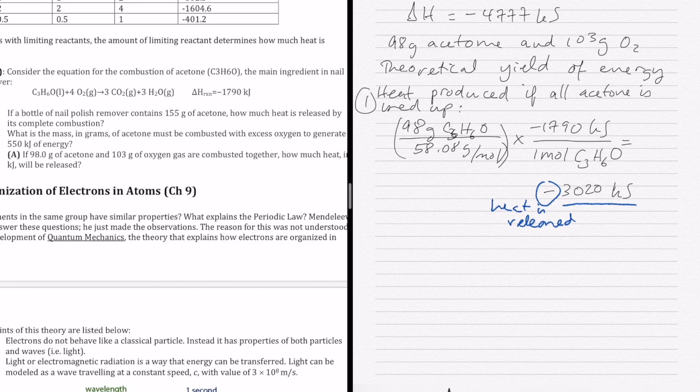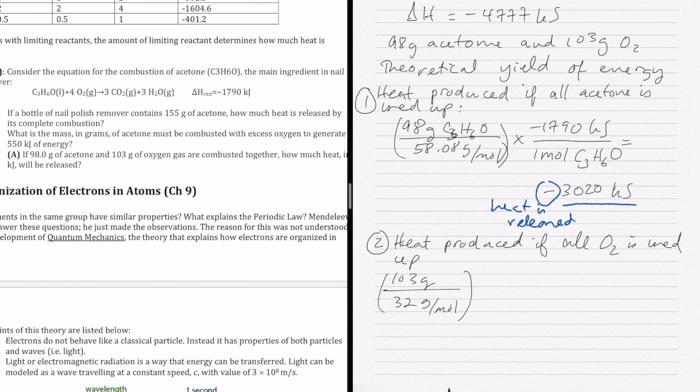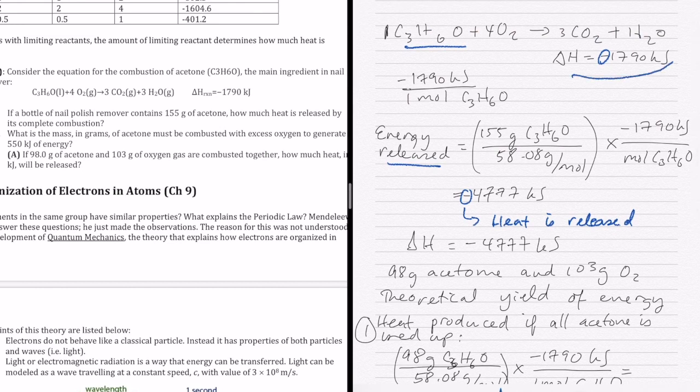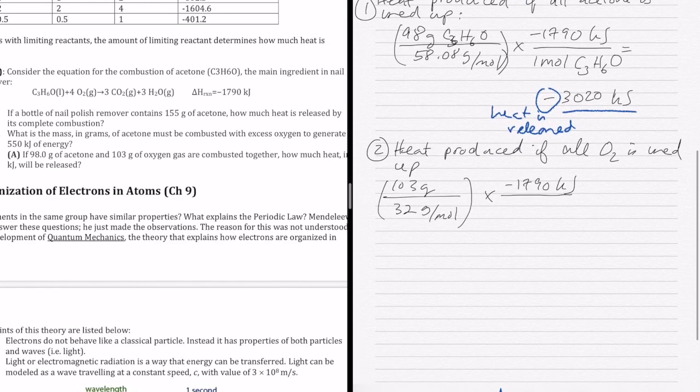The second calculation you should do is to calculate the heat produced if all oxygen is used up. To do that, you would take the oxygen, which is 103 grams, divided by the molar mass of oxygen to convert it to moles, and then multiply by negative 1790 kilojoules, because that's the amount of energy you would get from running the reaction. But with respect to oxygen, you need to use 4 moles of it, so I'm going to put 4 moles of oxygen here.